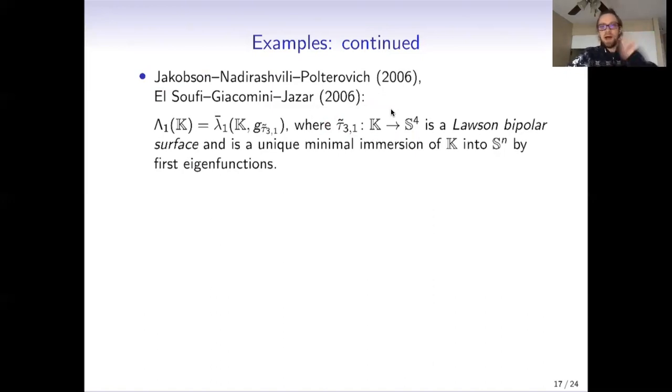For any other minimal immersion of the Klein bottle into any sphere, the coordinate functions will not be first eigenfunctions. And this tells you that this metric is the only metric which is extremal, the only critical point of this functional. If you combine it with the existence of a maximizer, you get that this has to be a maximizer. The exact value of this is not that important. It's some transcendental number which you can compute, but it doesn't clarify much.